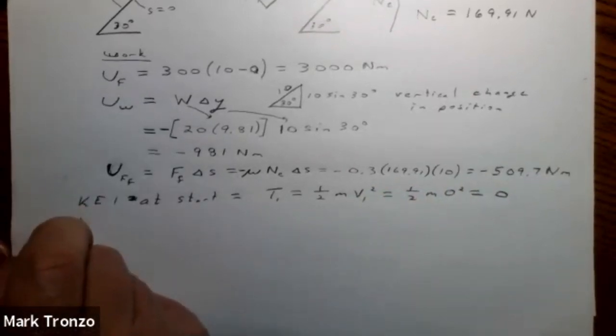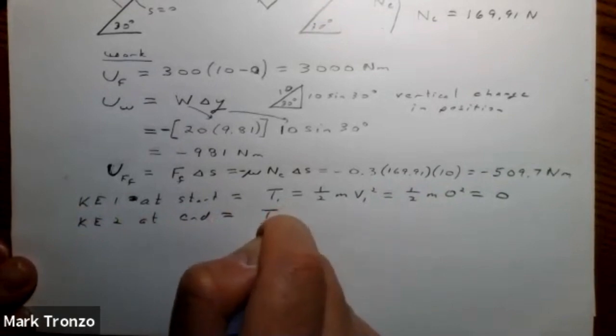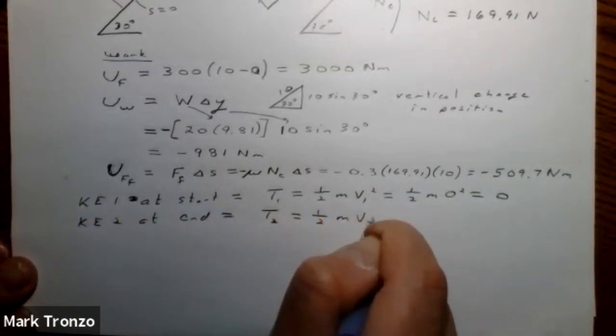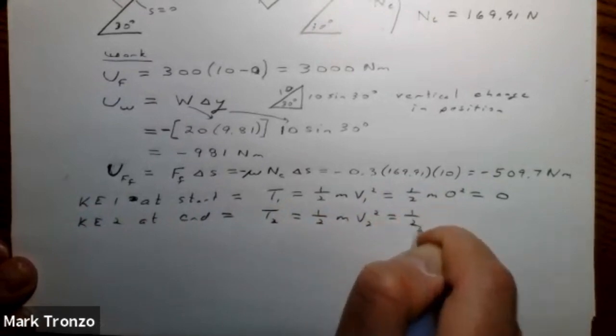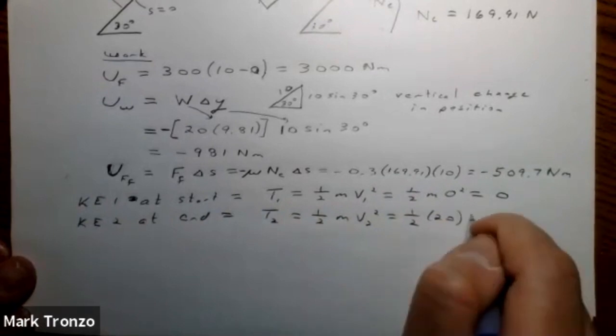So the initial kinetic energy is 0. And at the end, which is T2, 1/2 m v2 squared, 1/2. Our mass is 20, and we don't know what v2 is yet.